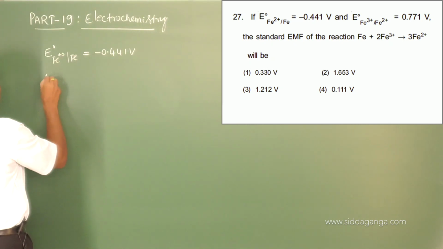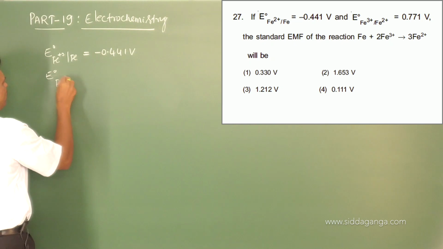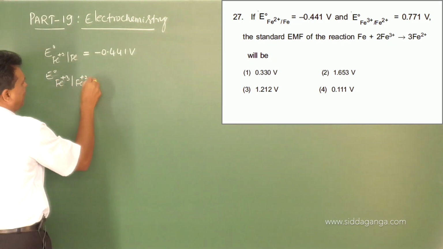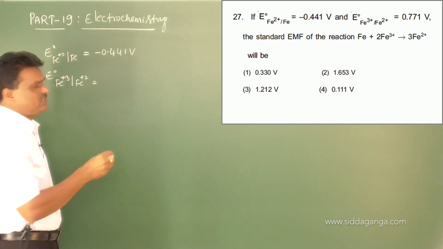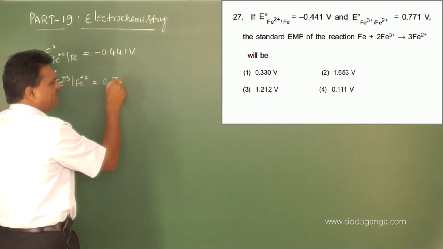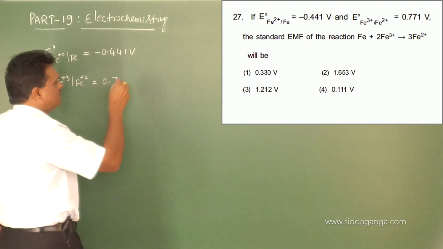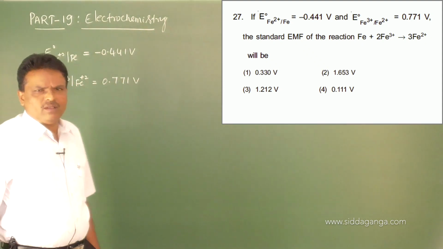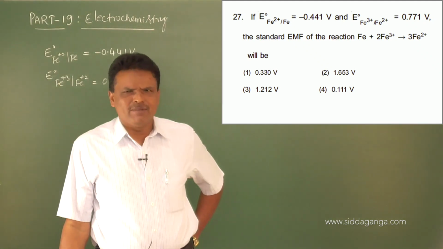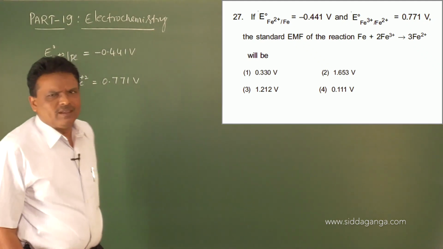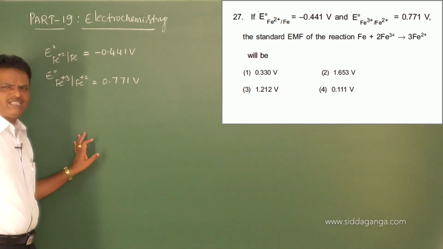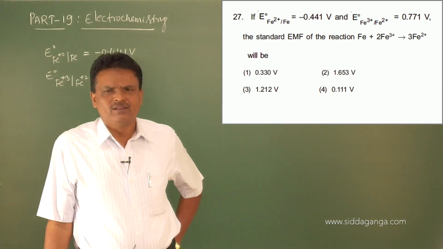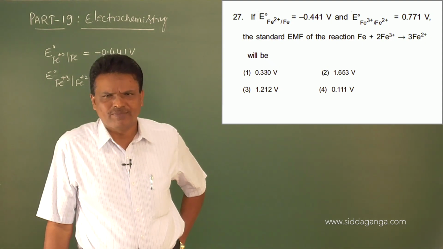The standard reduction potential value of iron from ferric state to ferrous state is equal to 0.771 volts. So what is the standard EMF of the reaction Fe plus 3 to Fe plus 2?